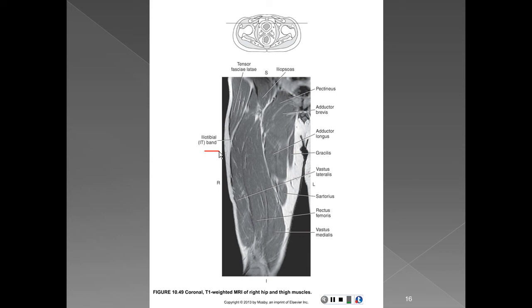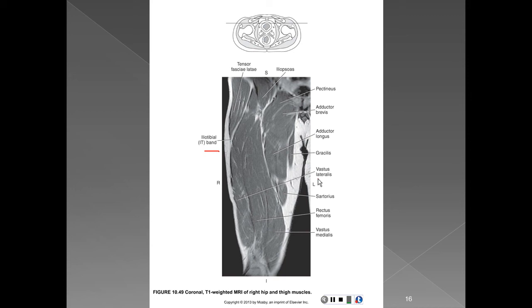The band is a thickening of the normal fascia that surrounds the entire leg, okay? It arises from the tendinous fibers of the tensor fascia latae and the gluteus maximus muscles. So that's where the IT band comes from.